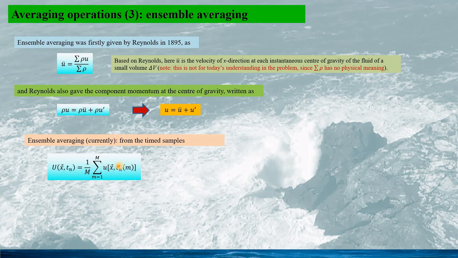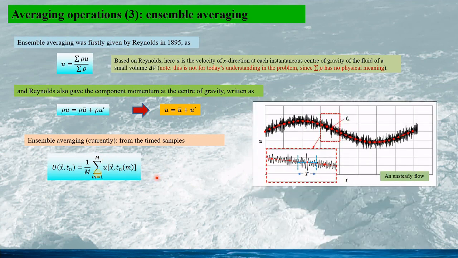Nowadays, the ensemble averaging for the timed samples is given as this. Here, we assume we have m samples within the short period T. So this averaging of the velocity is a constant for the time period T. And again, the velocity can be expressed as this.